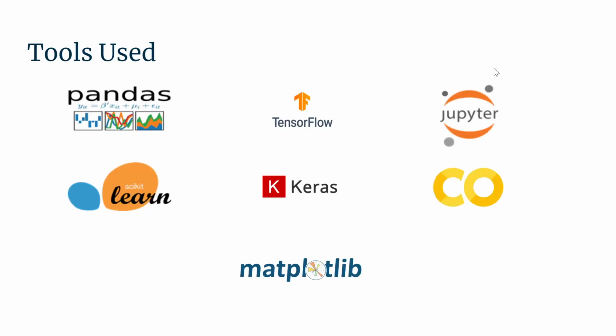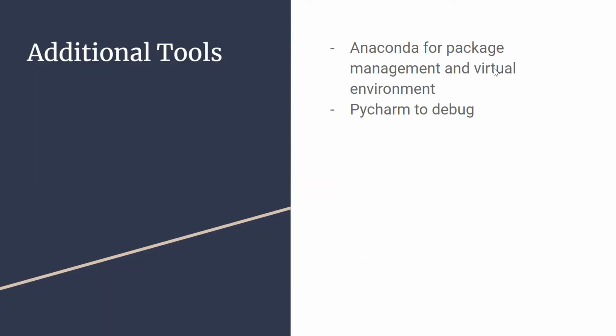The tools that I used are Pandas and sklearn for preprocessing, TensorFlow and Keras for modeling, Jupyter Notebook for coding, Colab for the same and for utilizing the GPU, and Matplotlib for visualizing the final results. Additional tools on my local computer are Anaconda for package management and virtual environments, and PyCharm for debugging.